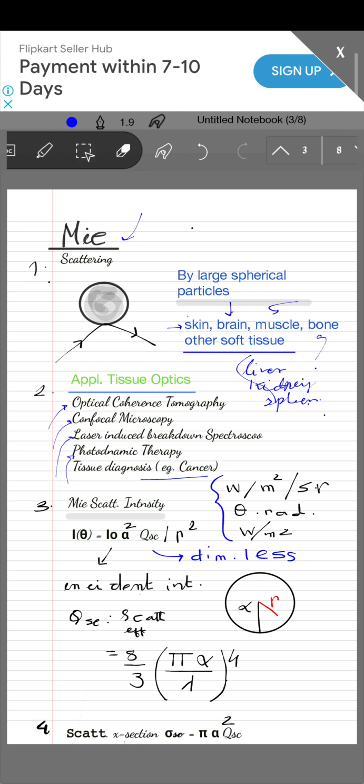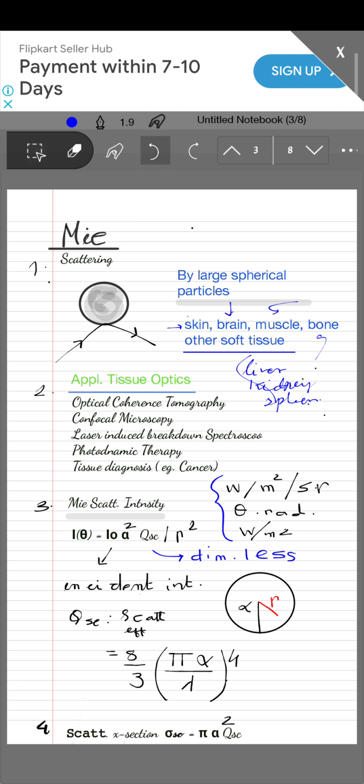Now coming to the theory of this Mie scattering, the intensity varies with the angle of scattering, as you can see, I theta, and I0 is the incident intensity.